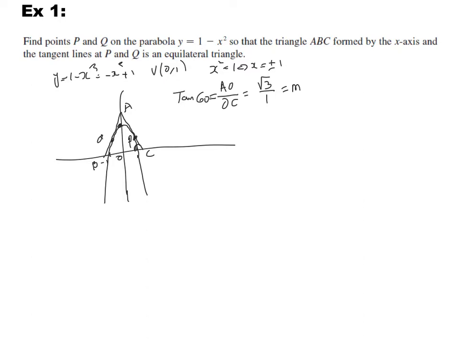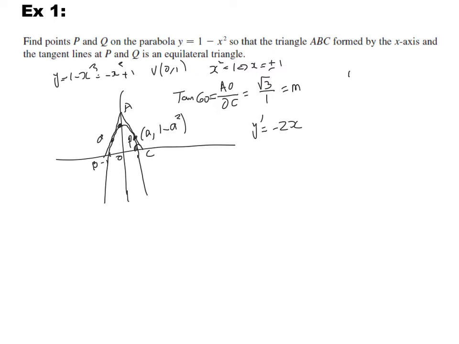Now the tangent at point P, let's say point P is A, and if x is a, then the y, I just put it back in the equation, becomes 1 minus a squared. Let's use the first derivative of y to find the slope. We know that y prime is negative 2x. Either we can use the formula that we derived in class.